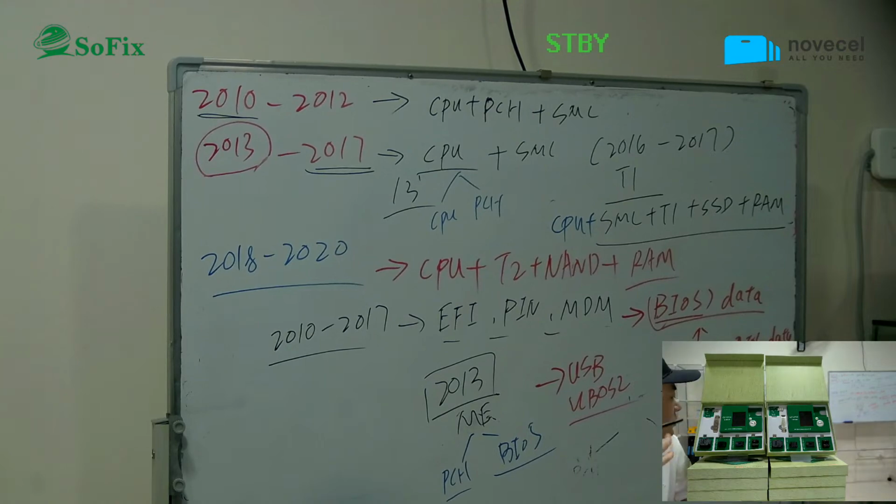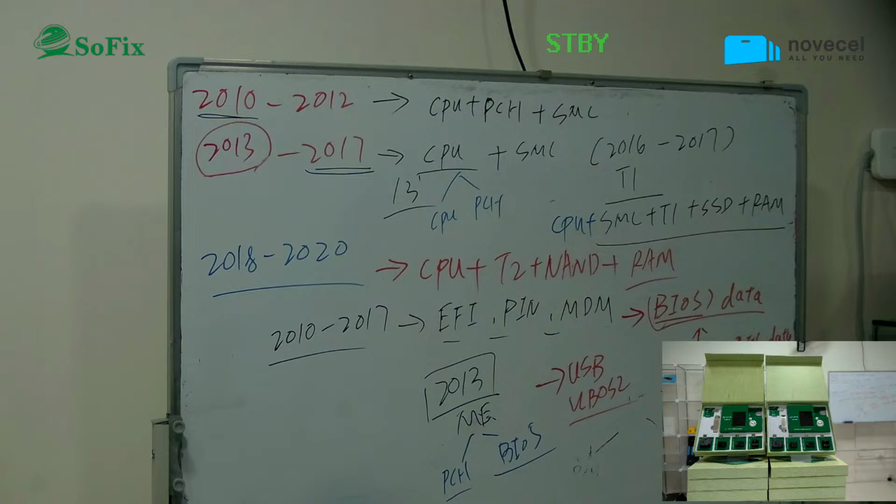Ok, Master Liu, it's your turn. Yes. So this is about the 2010 to 2017 models, to unlock the EFI and the pin lock. After this one, you just need to write the BIOS data. Use the U-Bus 2 because the ME is in two places: one side in the PCH and the other side in the BIOS chip.